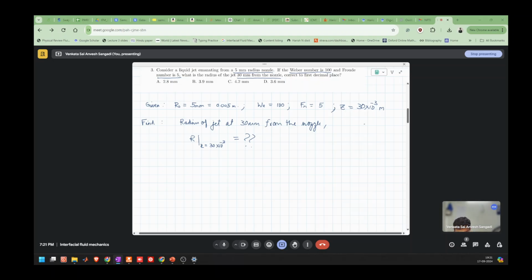So we can say that 1 by Weber number is equal to 10 to the power minus 3, which is in fact very small.